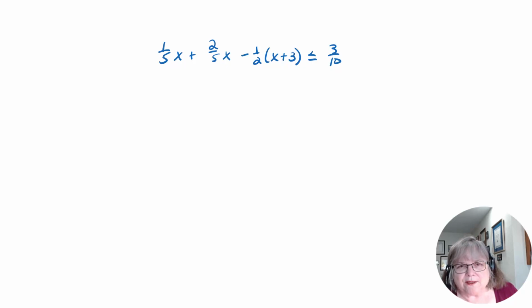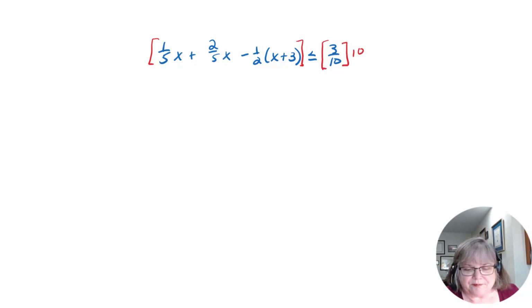I want to practice one more time this concept of clearing the fractions within an entire equation. It can be an equation that's got an equal sign or an inequality. So the least common denominator between the fifths, the 1/5, the 2/5, and the 1/2, and the 10th on the other side is 10. So the least common denominator is 10, and we're going to multiply both sides by 10.